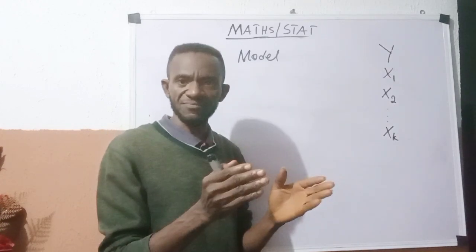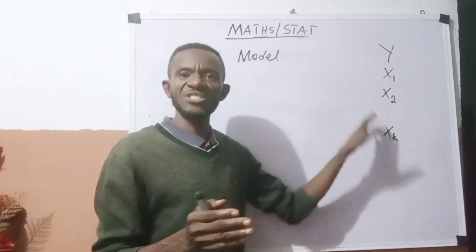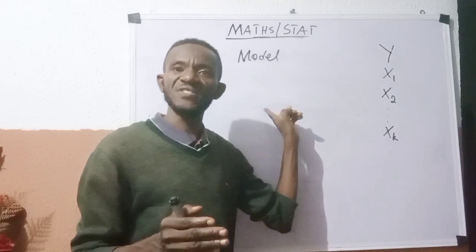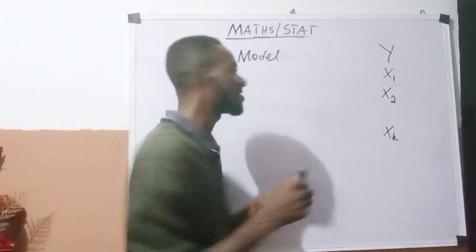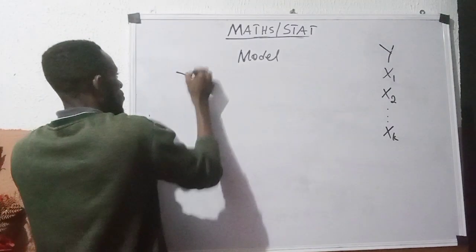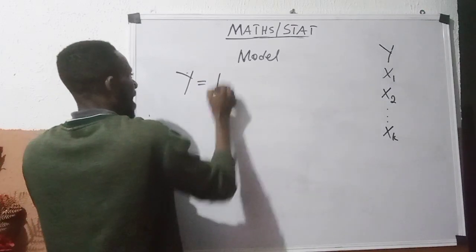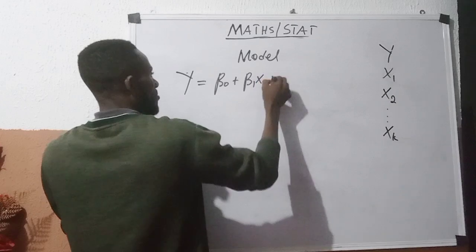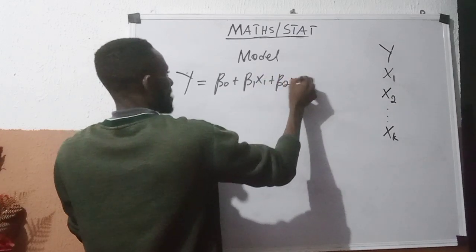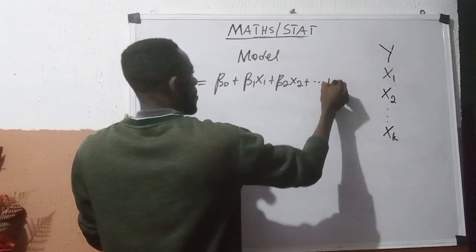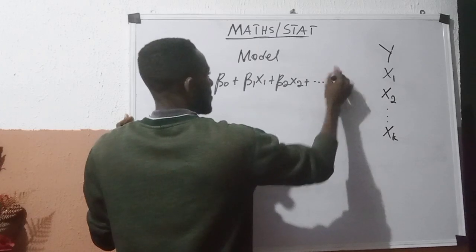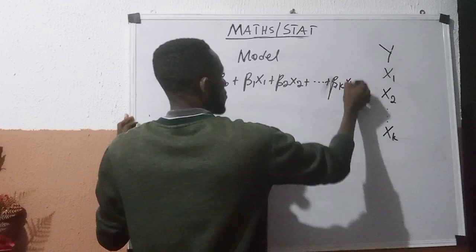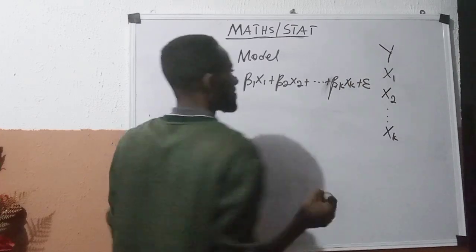How then do we show the relationship that exists between these variables with a regression model? It is written as Y equals beta 0 plus beta 1 x1 plus beta 2 x2 plus up to beta k xk plus error term.